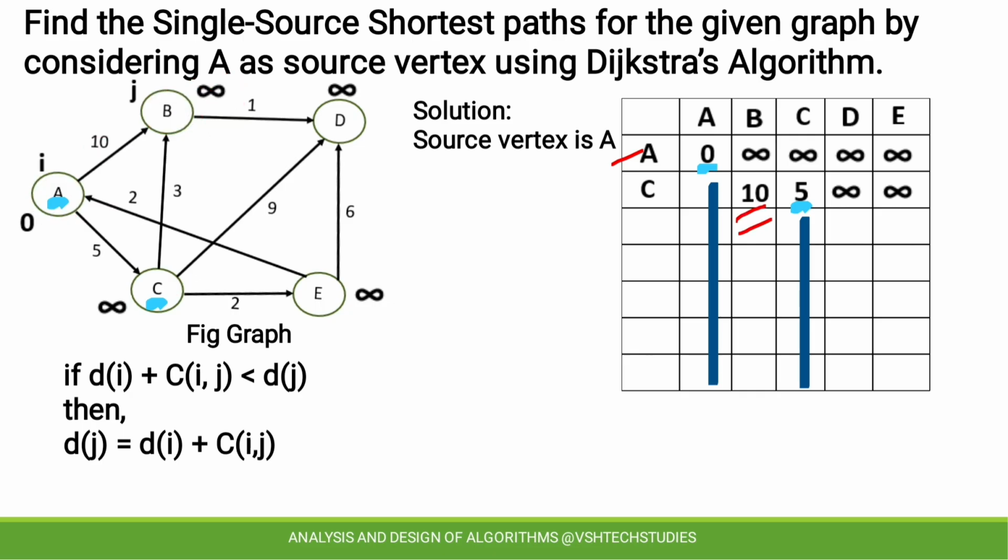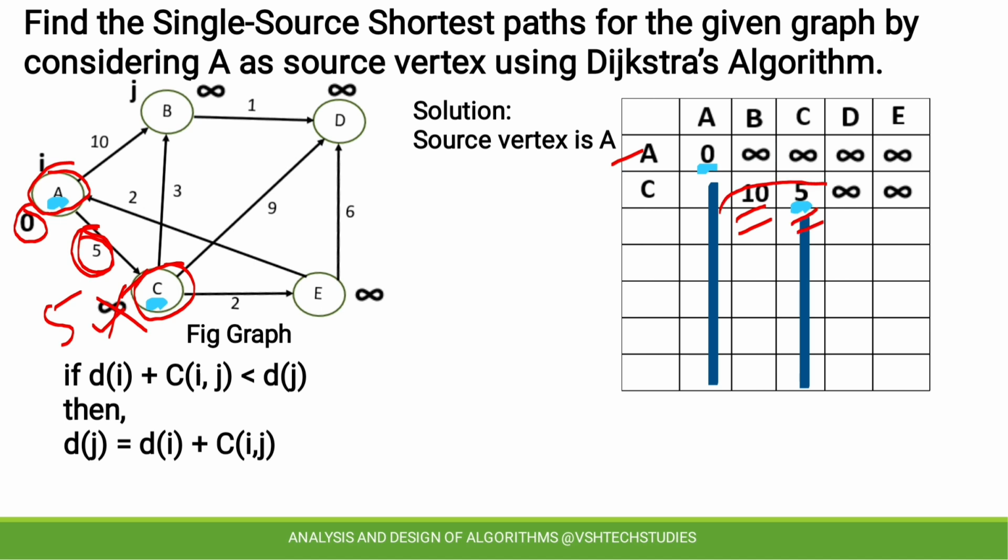The neighbor of A is C. Distance of C is distance of A plus connecting weight. So distance of A is 0 plus this connecting weight 5 will be 5. That 5 is less than this current distance of C. Hence this is to be updated with 5, and that is what is written here.